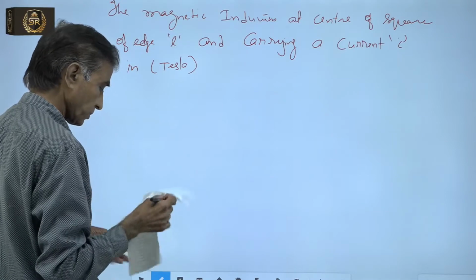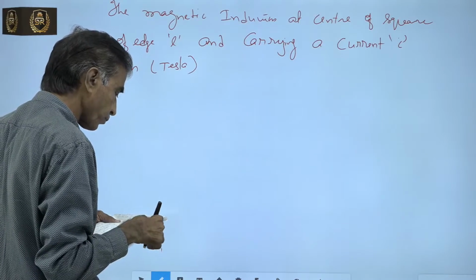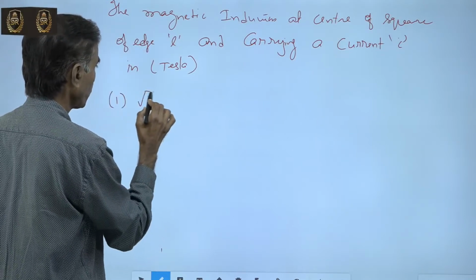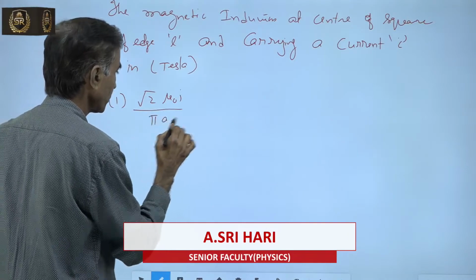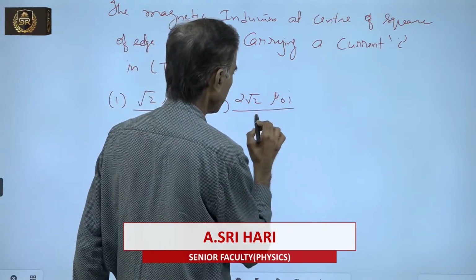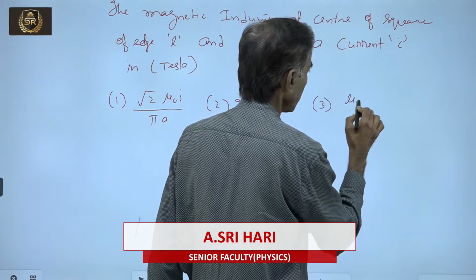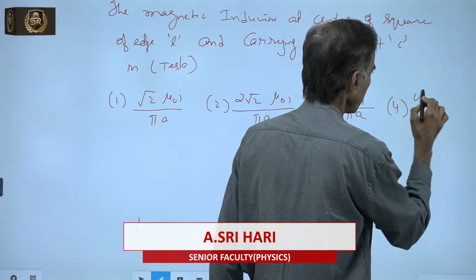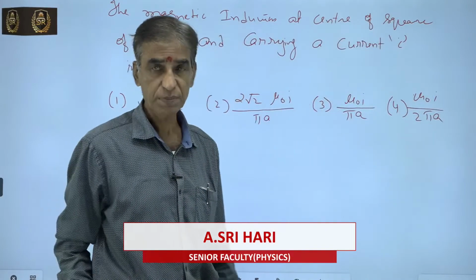Option 1, root 2 mu naught I by pi A. Option 2, 2 root 2 mu naught I by pi A. Option 3, mu naught I by pi A. And option 4, mu naught I by 2 pi A. So they are the options given, right?